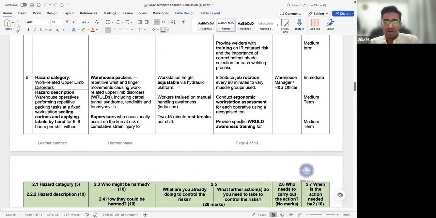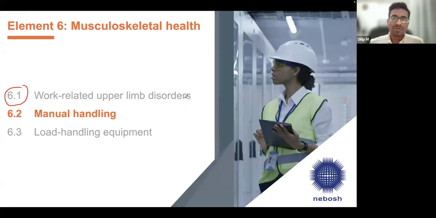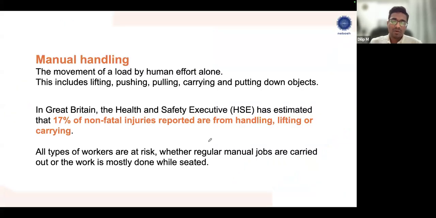Okay. All right. Now continuing with learning outcome 6.2, manual handling. Okay. So how do you define manual handling, or what is manual handling? The movement of a load by human effort alone. So where you are moving a load by using your body force. Okay. So this includes lifting, pushing, pulling, carrying, and putting down objects.